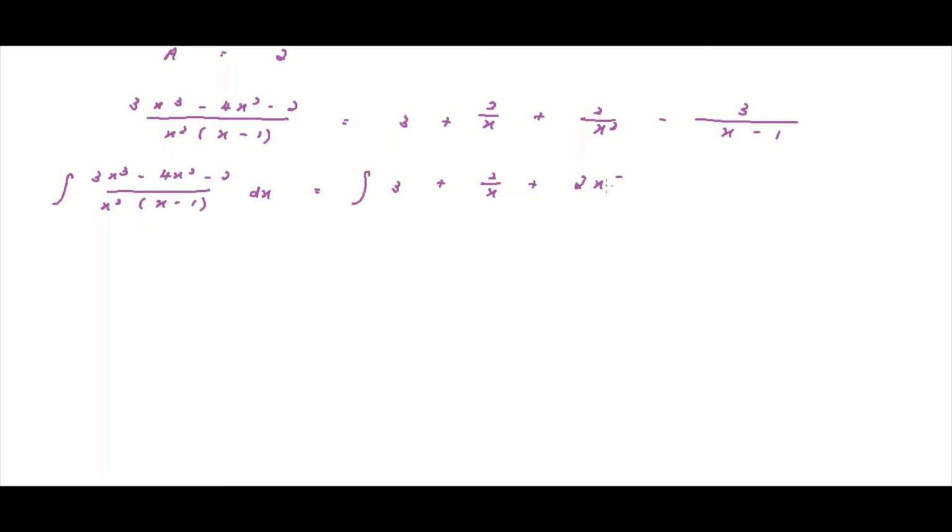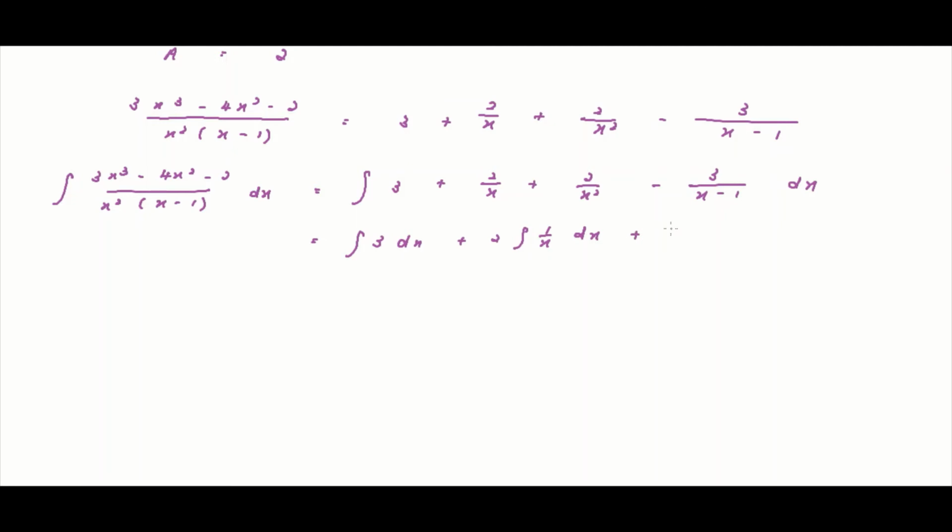Or maybe you can copy first, then later we come back. Okay, minus 3 over x minus 1 dx. Okay, so now we try to split them. So you have 3. Okay, so this one, if you want, you can take it out as well.